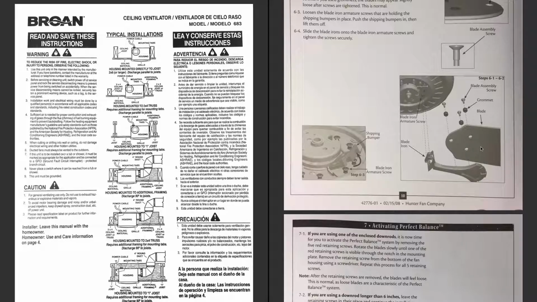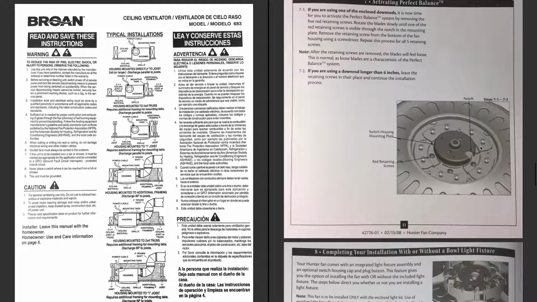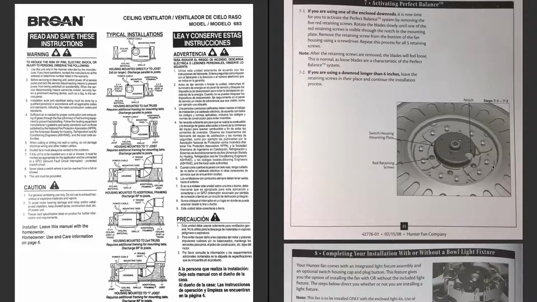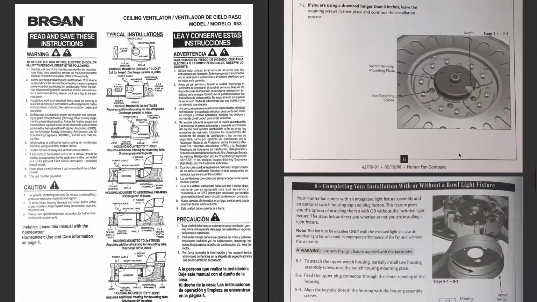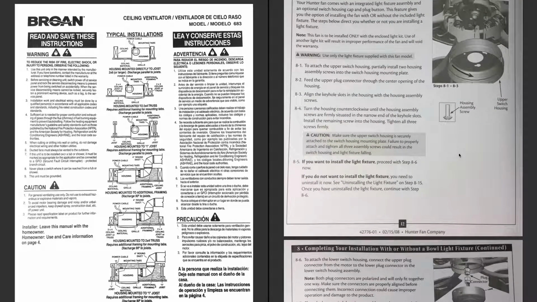And so it makes sense. We get a visual picture of what is supposed to happen. So even though you're struggling up there on the ladder, you know how it's supposed to go in, and you can successfully accomplish that. And then it gives you close-up pictures of what it's supposed to look like when it's completed. So all of these come together to help the audience figure out how it's supposed to be installed.